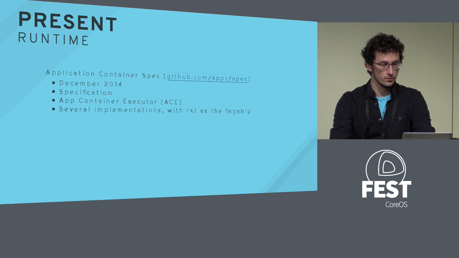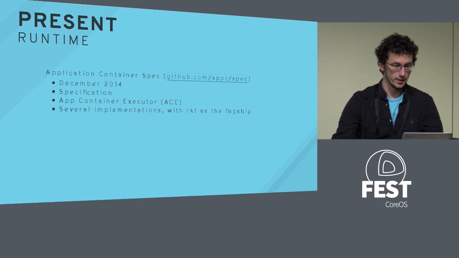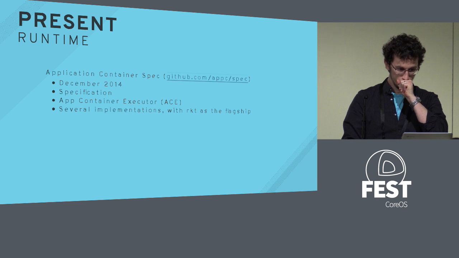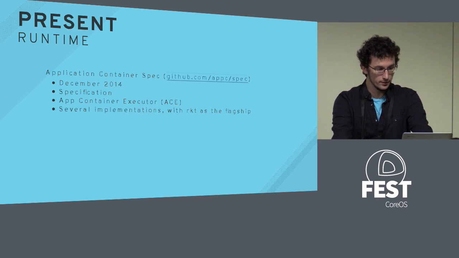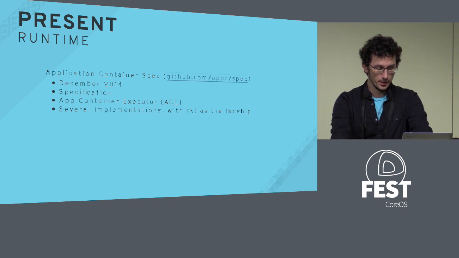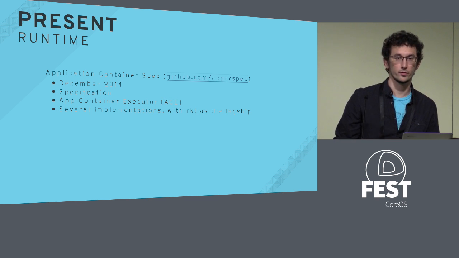So the application container spec, you've heard this mentioned a couple of times today. December 2014, when the AppC spec was announced, it got quite the reverberations that I'm sure the CoreOS folks were expecting.